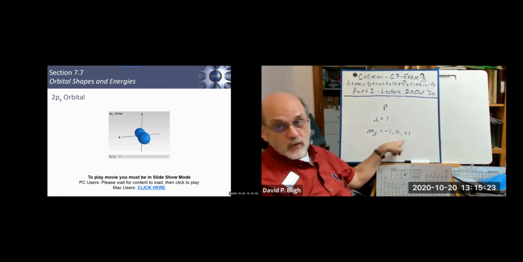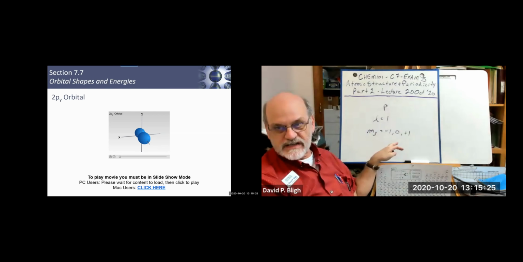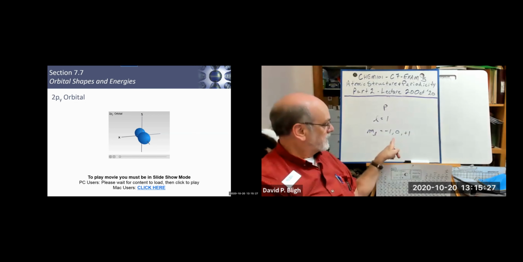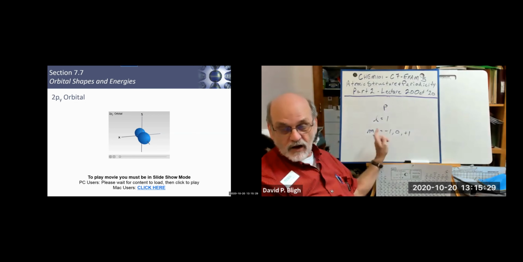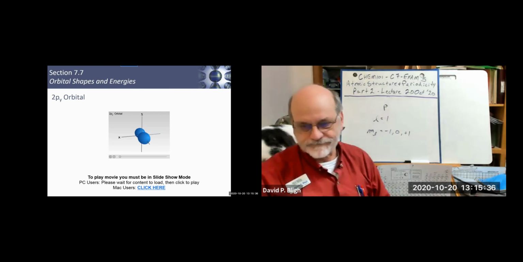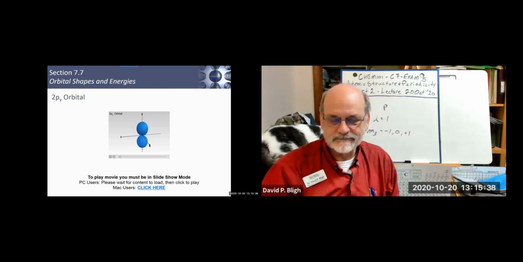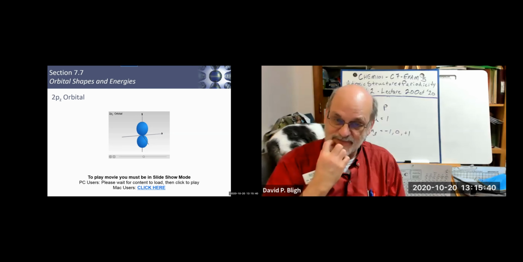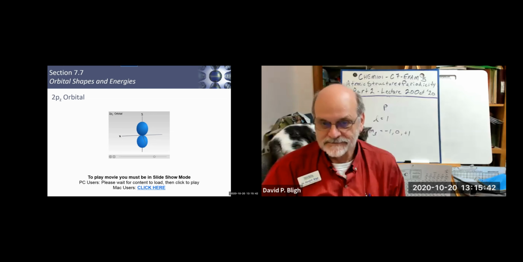I'm not sure which one refers to which, X, Y, or Z, but you're going to have 3 of them. One of them points along the x-axis, one along the z-axis, one along the y-axis. The 2pz orbital is in the shape of a figure 8 along the z-axis.